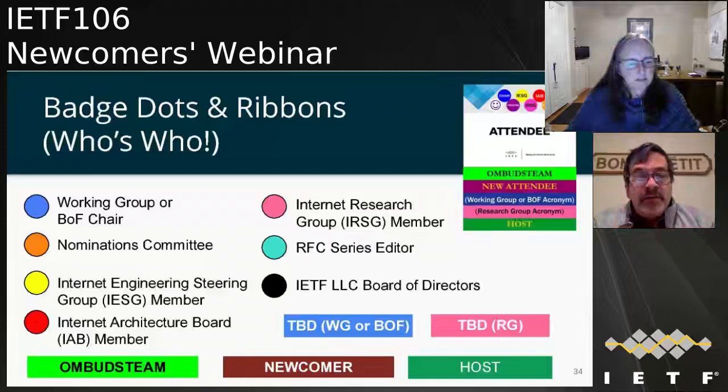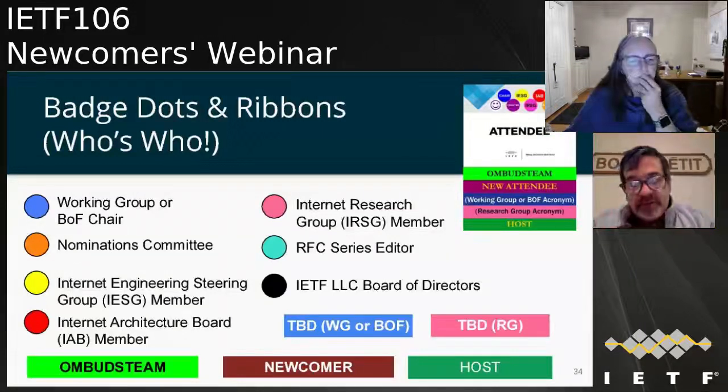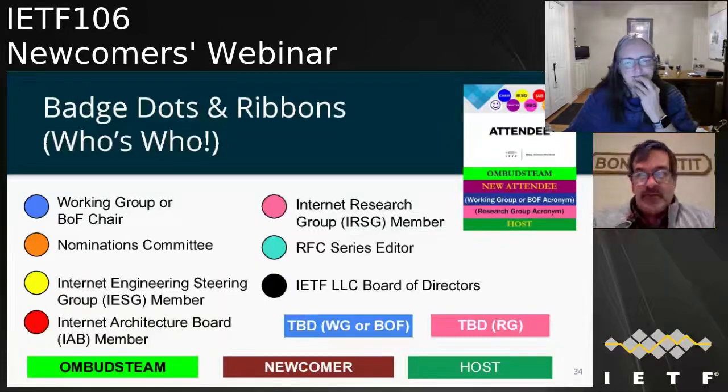And then there's usually near the registration area a bowl of ribbons and labels, and people can write all sorts of funny jokes or not so funny jokes, or it was funny the first time I saw it, and now I've seen it 4 times. So the ribbons are less useful, except if you're looking for a particular thing. And the colored dots at the top can be useful too. Next slide, please.